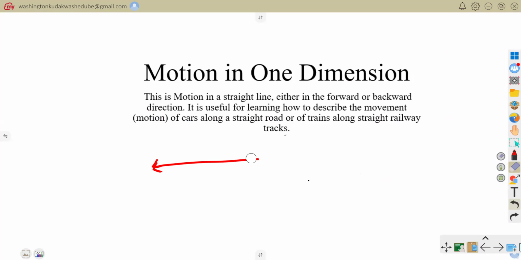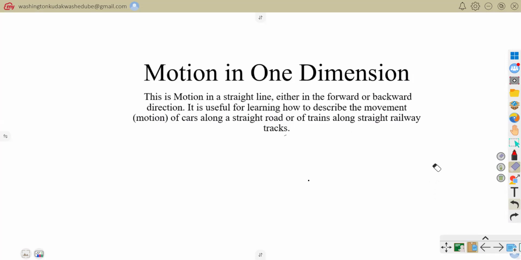So what is it useful for? It is useful for learning how to describe the movement of cars along straight roads or trains along straight railway tracks. It helps us to calculate things like braking distance, the distance that might be required for you to brake before you hit another car, or before the next red traffic light.